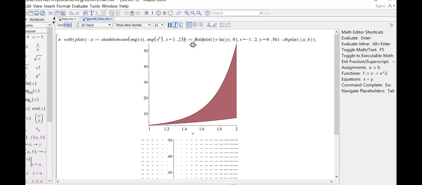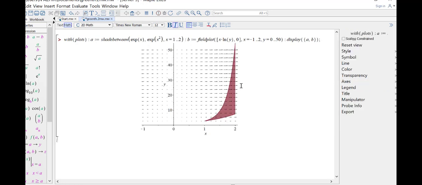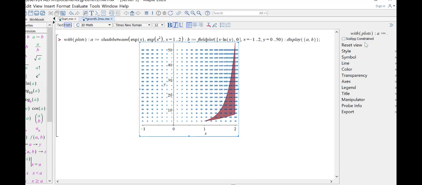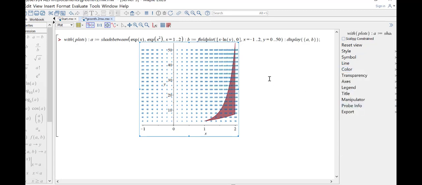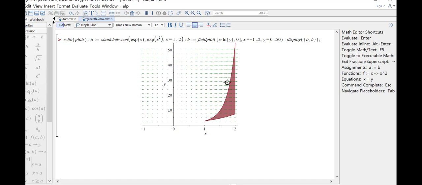Now I will run this one, and you see that we have a region in R2 which is under the vector field, and for any vector we have the magnitude and also the direction, which here we can show by color change. For example, if I put green color, it will be this one.